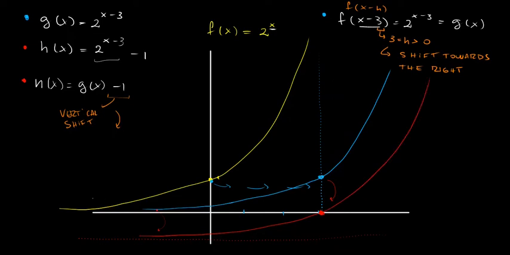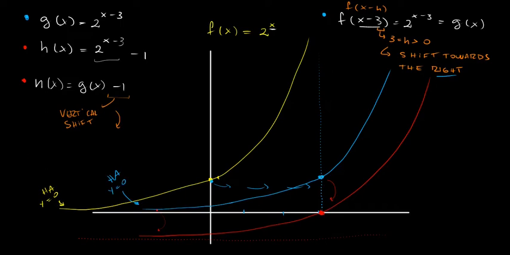Something important to notice is that we knew that f had a horizontal asymptote in y equals 0. g was moved 3 units towards the right. Horizontal shifts will not move our horizontal asymptotes, so g also has a horizontal asymptote in y equals 0.